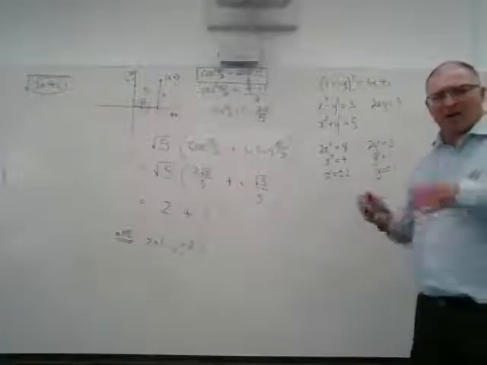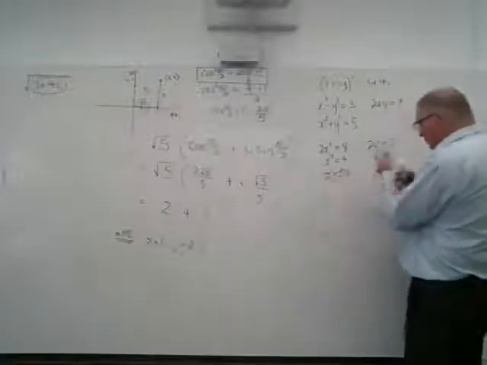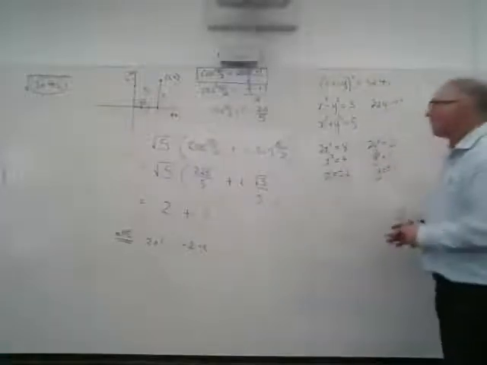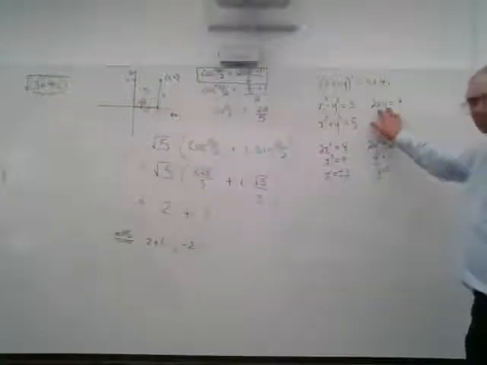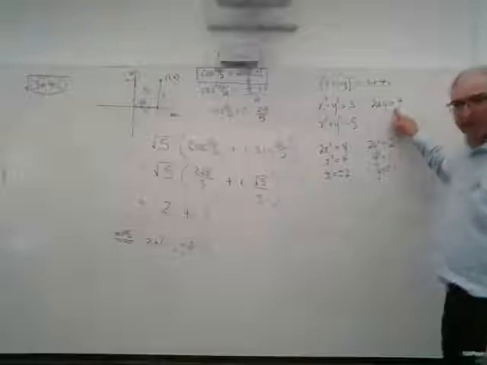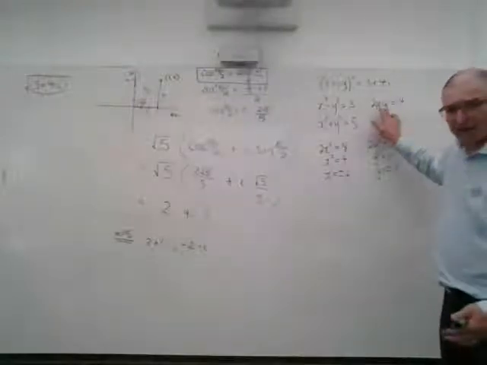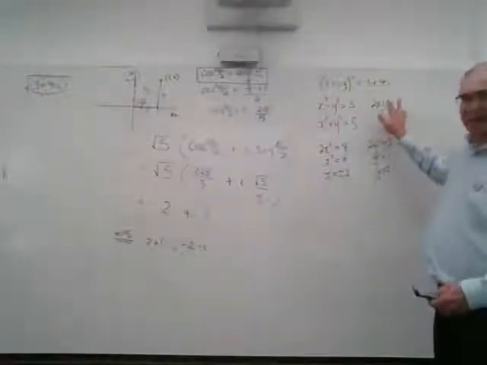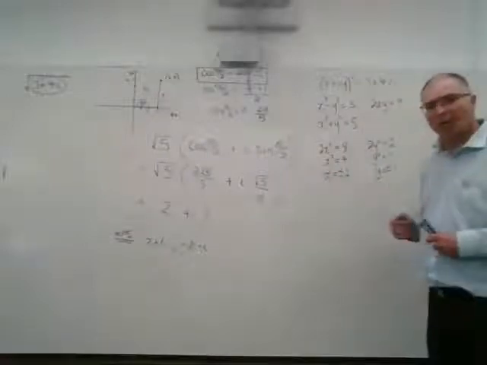And once again, I've got to figure out which, does the plus 2 go with the plus 1 or the minus 1 or whatever. And I can tell up here that these are multiplying together to give a positive number, so they must both be the same sign. So either the x and the y are both positive or the x and the y are both negative.